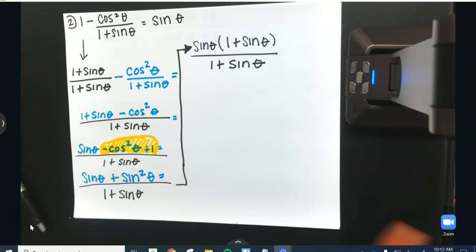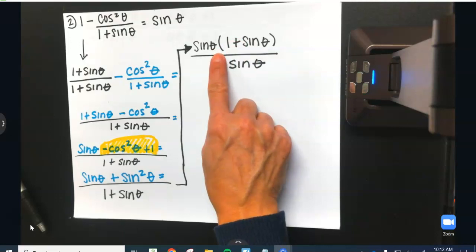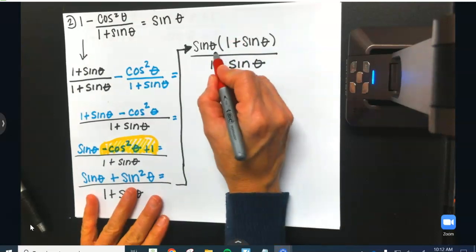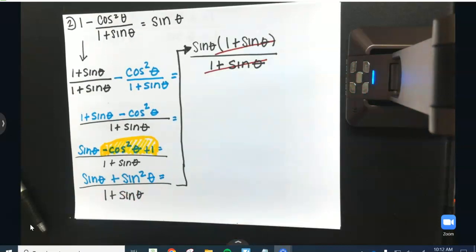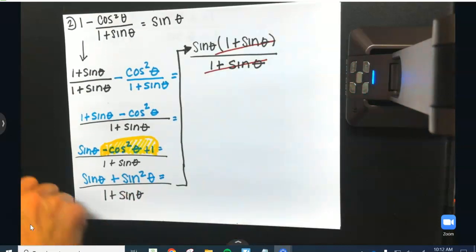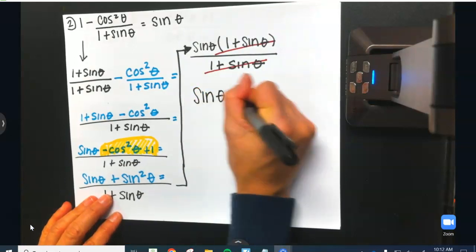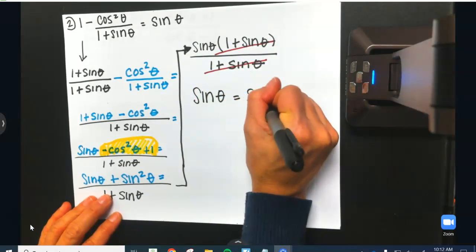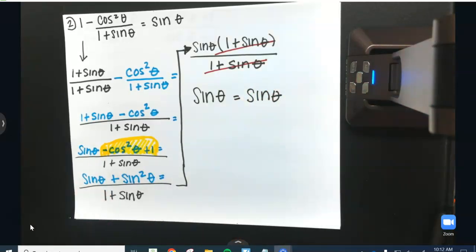They sure do. We're safe because it's inside parentheses. It's not next to a plus or a minus. Good job. So all of that cancels out that. So sine theta. We got the left side to match the right side.